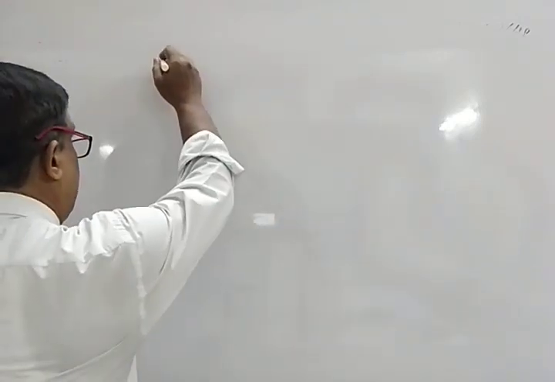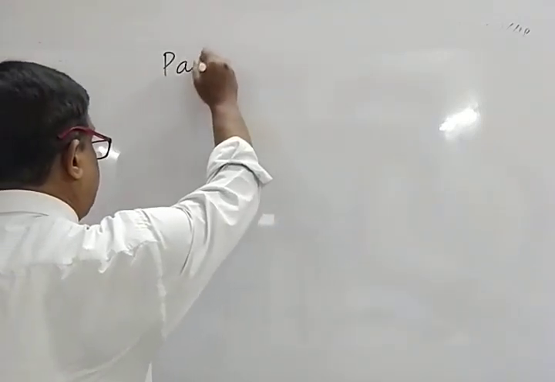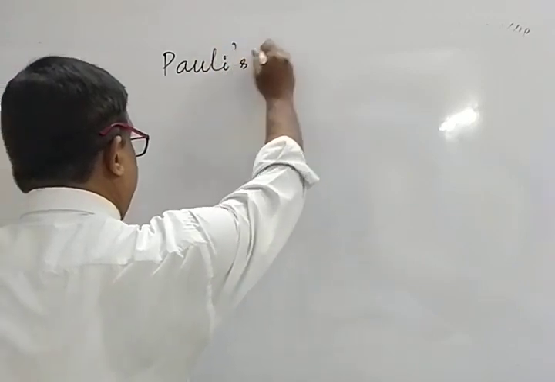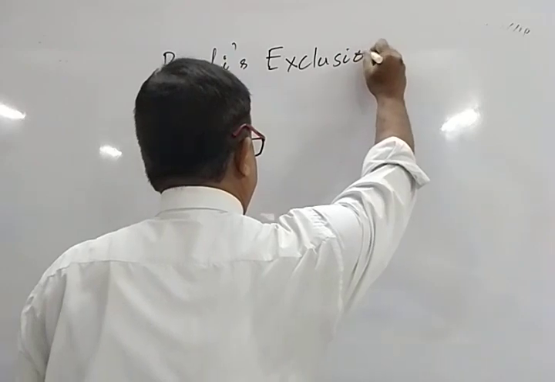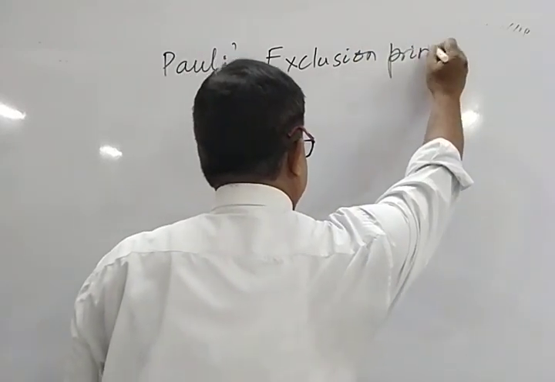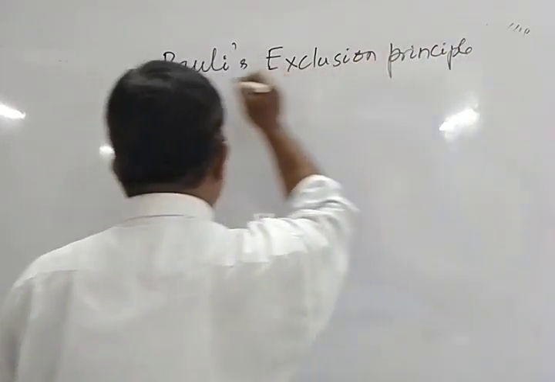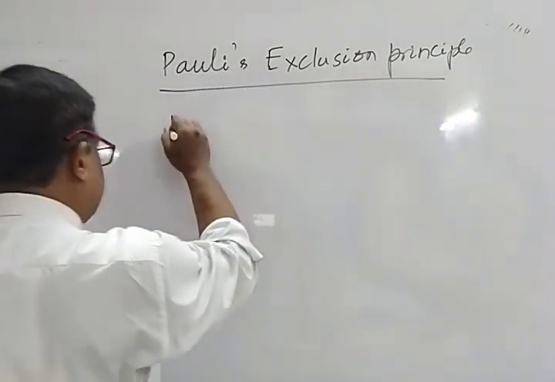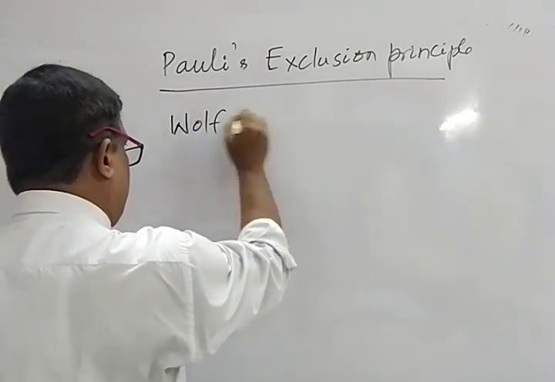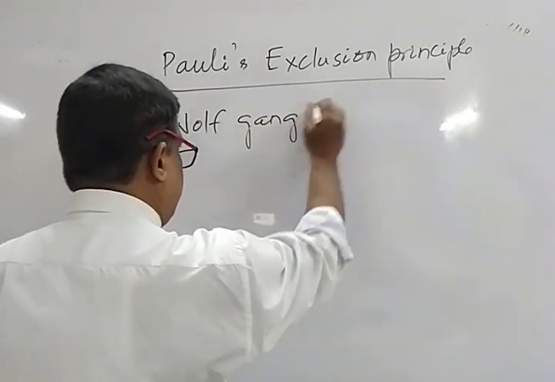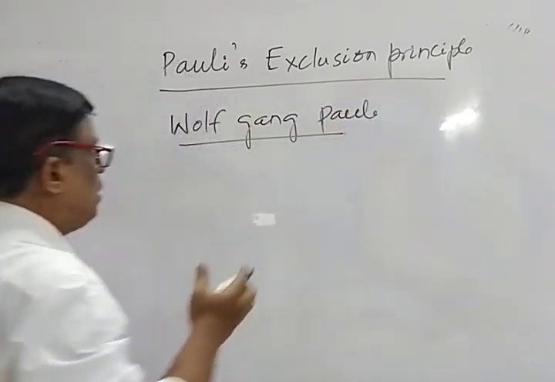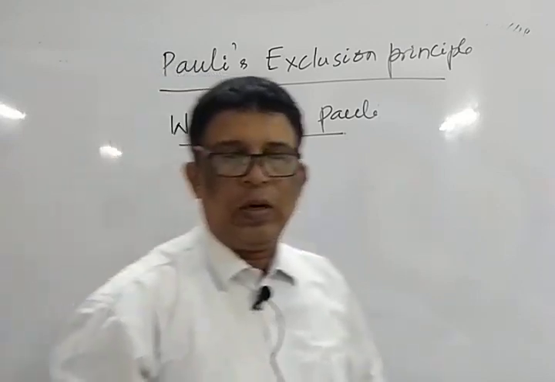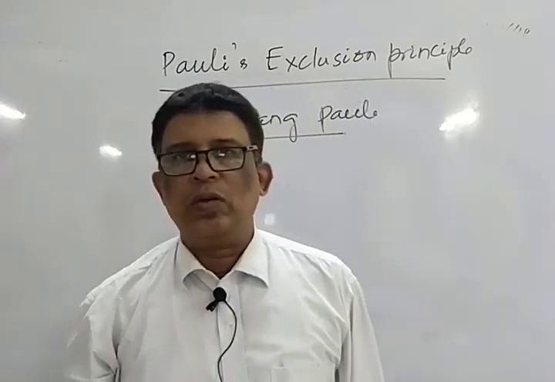Today I will try to cover Pauli's exclusion principle. The name of the scientist is Wolfgang Pauli, and according to him this principle is known as Pauli's exclusion principle.